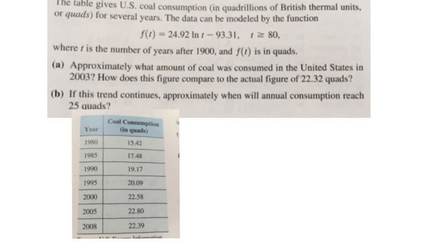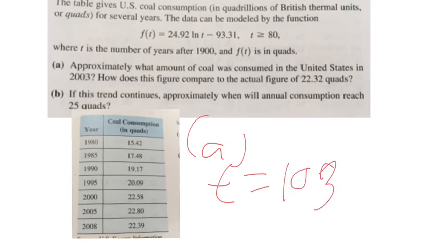And approximately what amount of coal was consumed in 2003? And how does this compare to the actual figure of 22.32 quads? Alright, so for part A, if it happened in 2003, since t is the number of years after 1900, t would be 103.